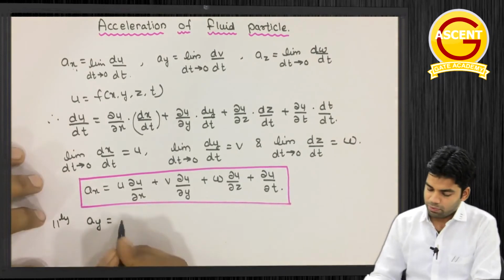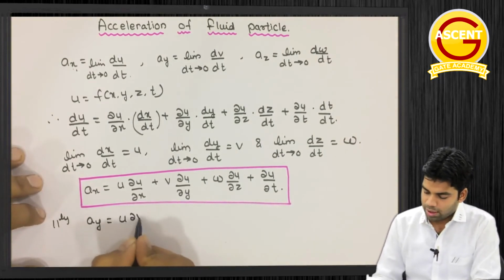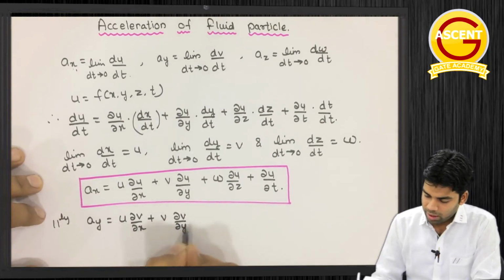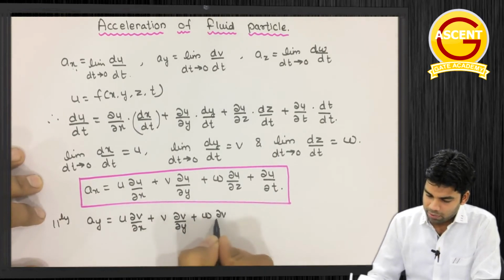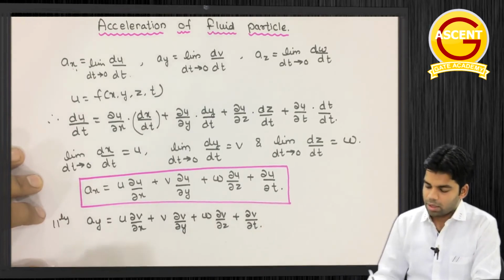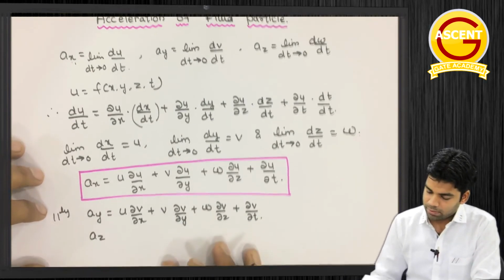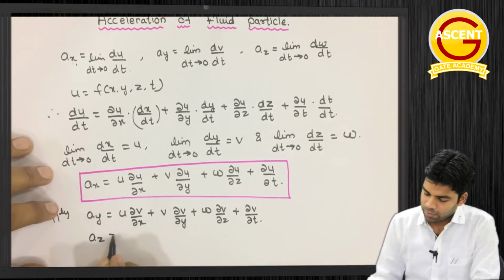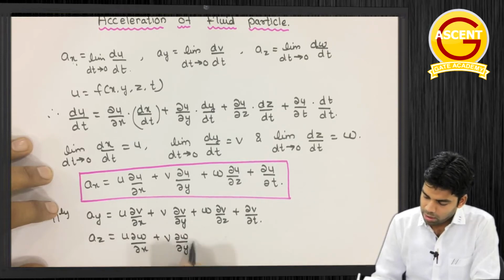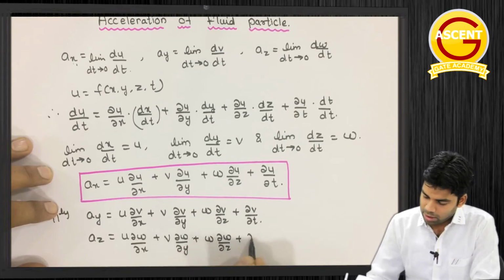Similarly, acceleration in y direction will be u del v by del x plus v del v by del y plus w del v by del z plus del v by del t. And acceleration in z direction will be equal to u del w by del x plus v del w by del y plus w del w by del z plus del w by del t.